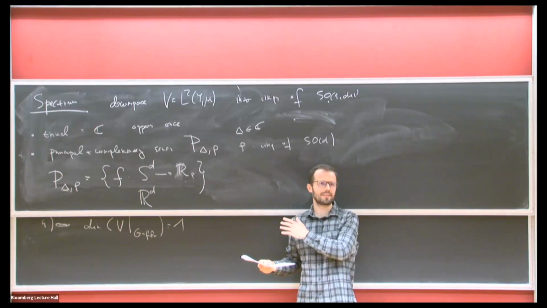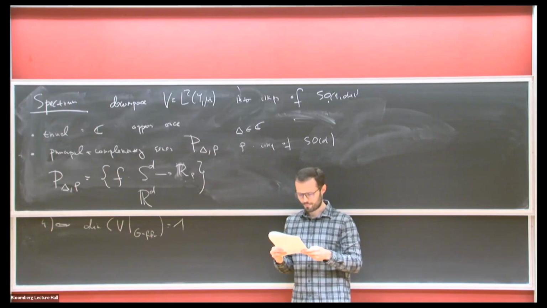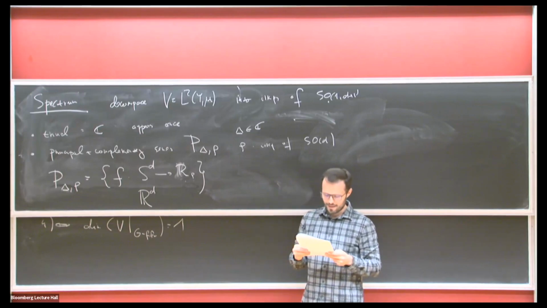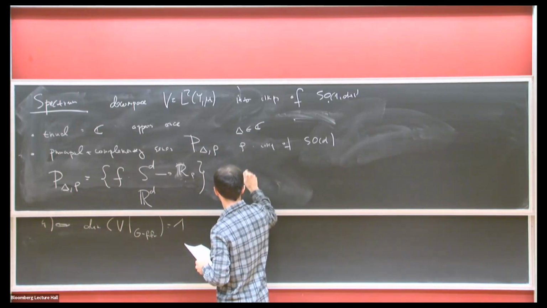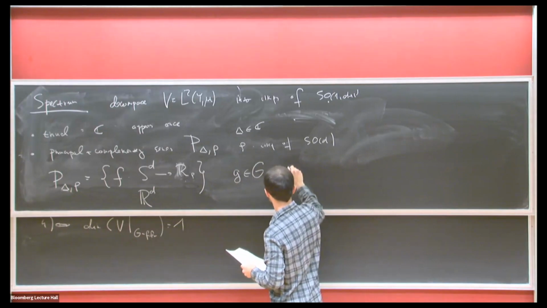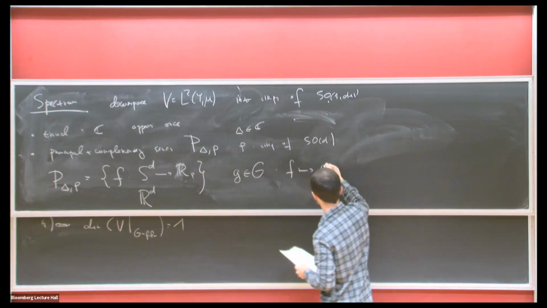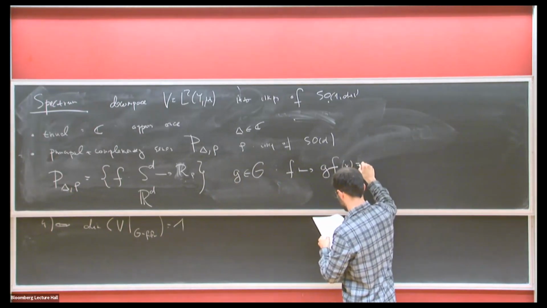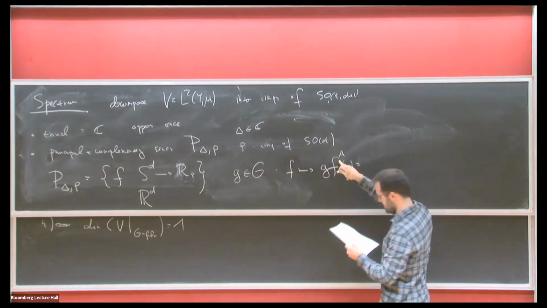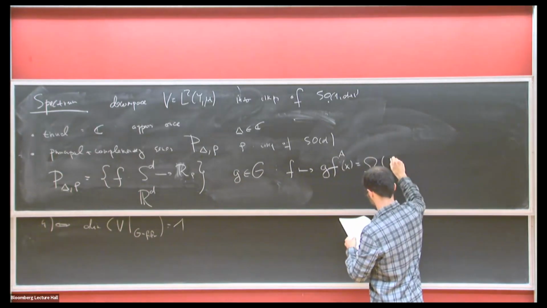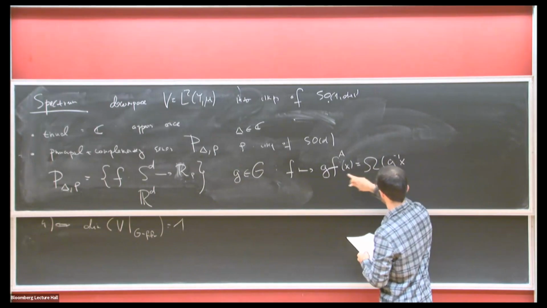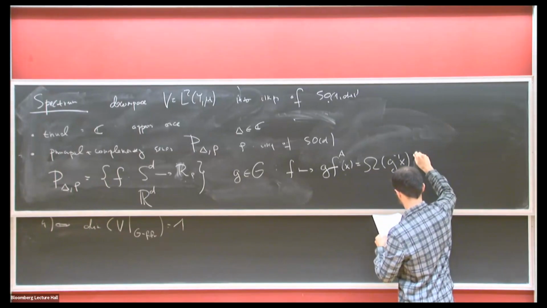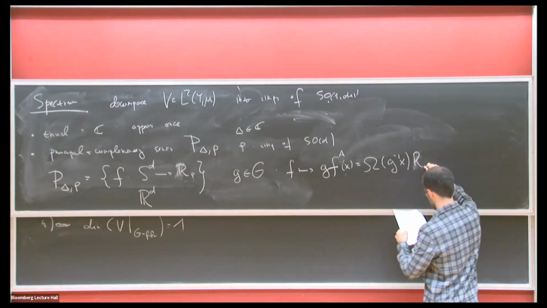Should I write down how it transforms? Yeah, I'll just say it transforms like this. We take some g. So here g maps f to some other function, and this new function is obtained as follows. I can pick some basis vectors. This is the rotation matrix.